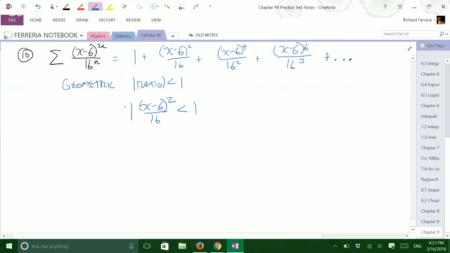Actually we don't need the absolute values. x minus 6 squared needs to be less than 16. So the absolute value of x minus 6 needs to be less than 4.